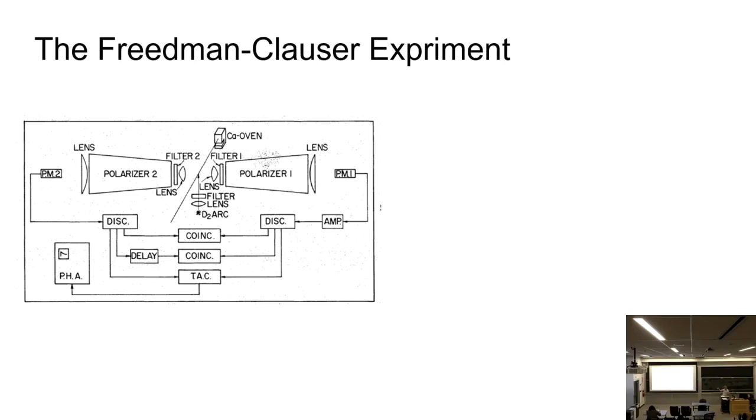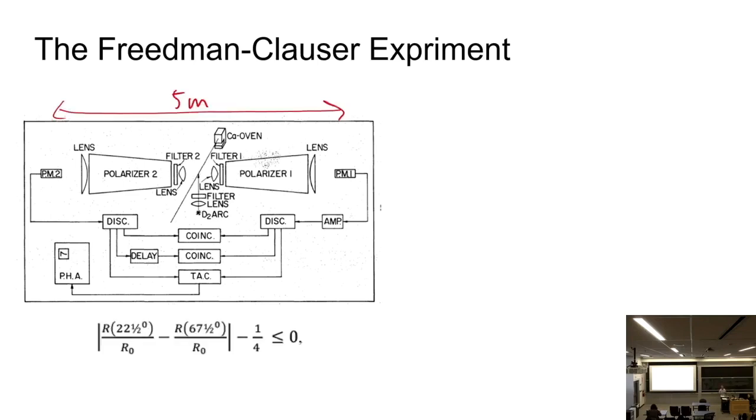So here's their setup. It looks really similar. They have their calcium source and their 2 detectors, and in the experiment they ran, the 2 detectors are 5 meters apart, so pretty far apart. When you rewrite the CHSH inequality that we looked at in terms of this experiment, this is what it looks like.